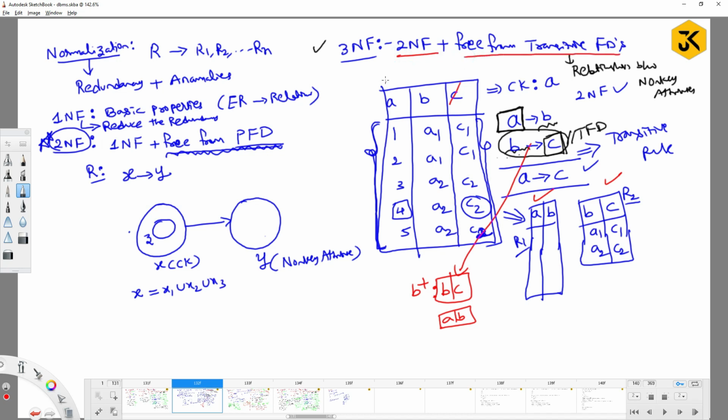If I say more technically, it has to follow the principle of 2NF, and also if a functional dependency X determines Y is possible, X can be a key or a super key or a candidate key, or Y can be a prime attribute.